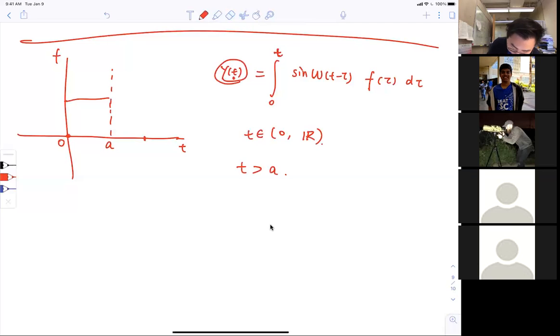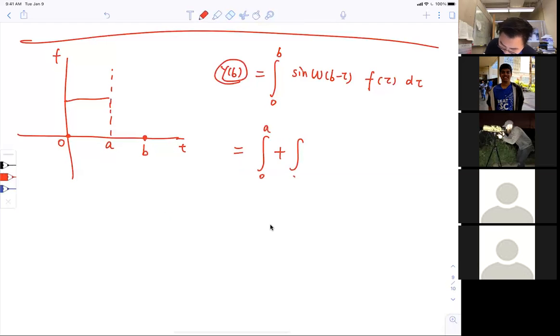So t larger than a. Maybe I change a variable to make it easier, because t is a little bit confusing. Let's set it as b. So integration from 0 to b. If your b is larger than a, then f goes to 0 from a to b.